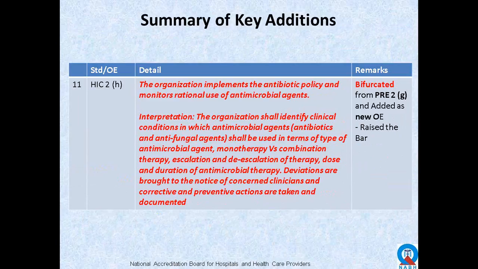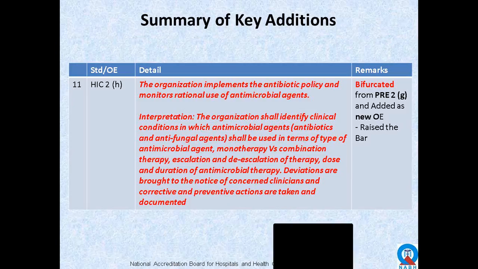So this basically is to raise the bar. Because you didn't want to club too many things at one go, there is more clarity. Sometimes someone may be fulfilling part of it. When both are clubbed, sometimes they fulfill part of it, so you may give a partial. If you make it separate, they have to address both of them. So this is also to raise the bar.